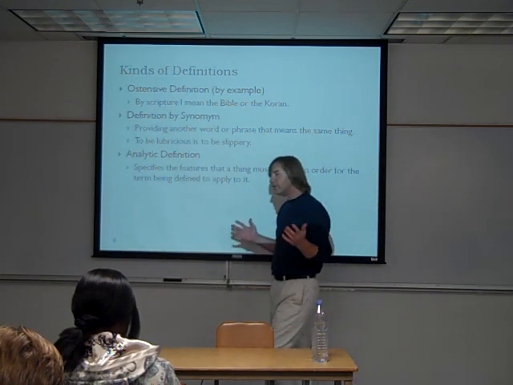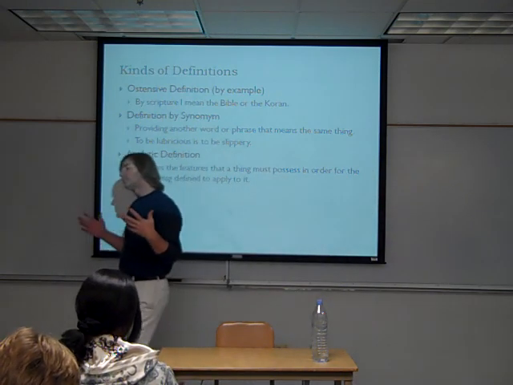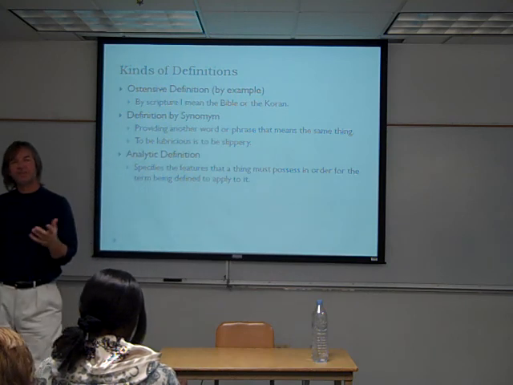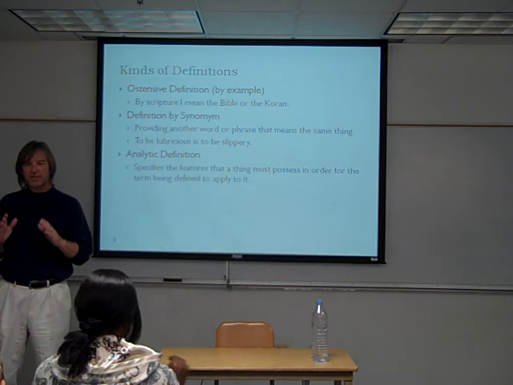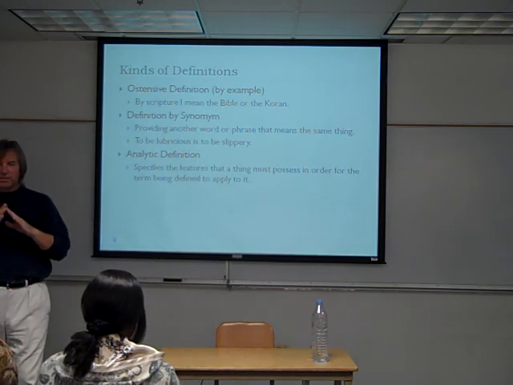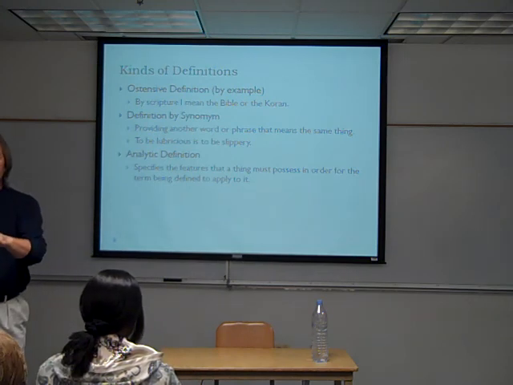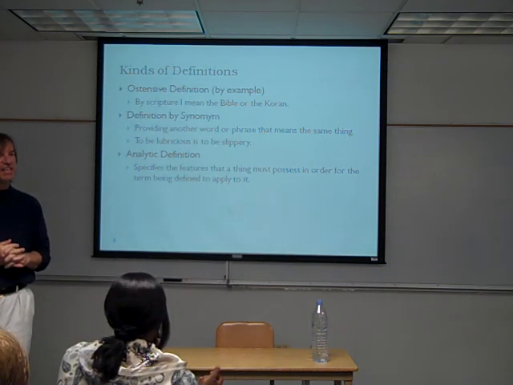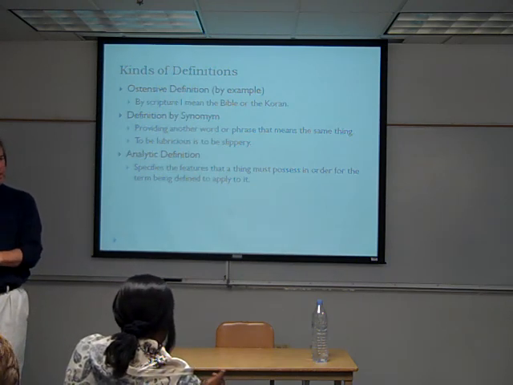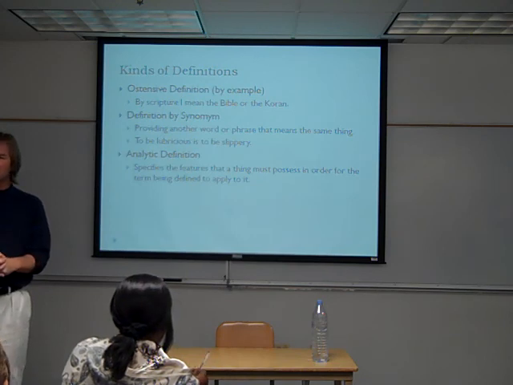So, for example, how do we define a triangle? In geometry, a triangle is a three-sided figure. And this definition is going to apply to all triangles. And we'll actually say that it represents the necessary and sufficient conditions for being a triangle.